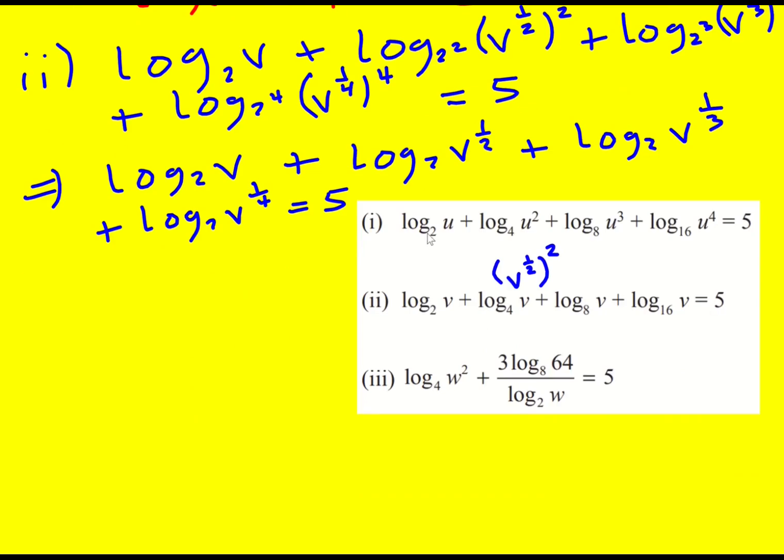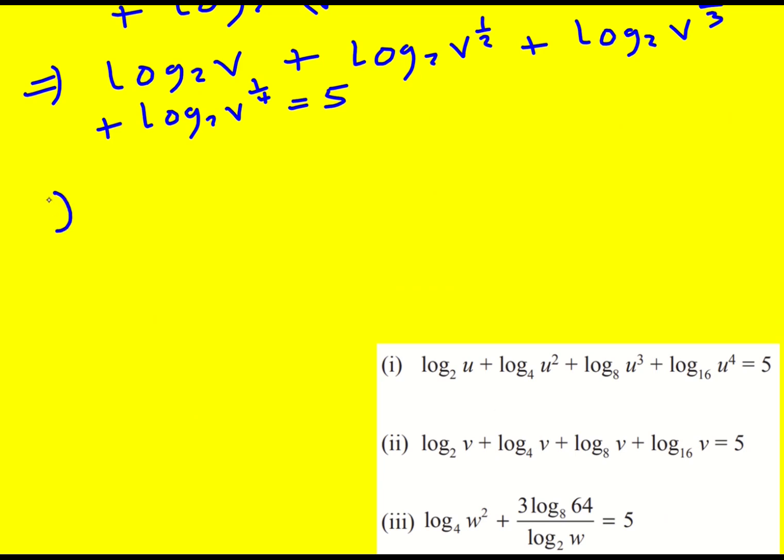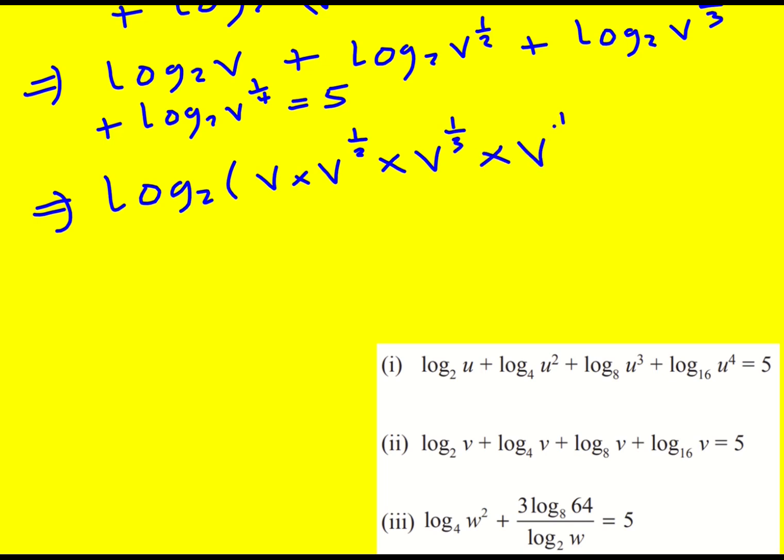Okay, this time we can't just add the logs like we did, but we can use the first rule of logs and multiply them all. And then we can just add the powers. Look for a common denominator. It's going to have to be 12. So remember, we've got v to the 1 here.